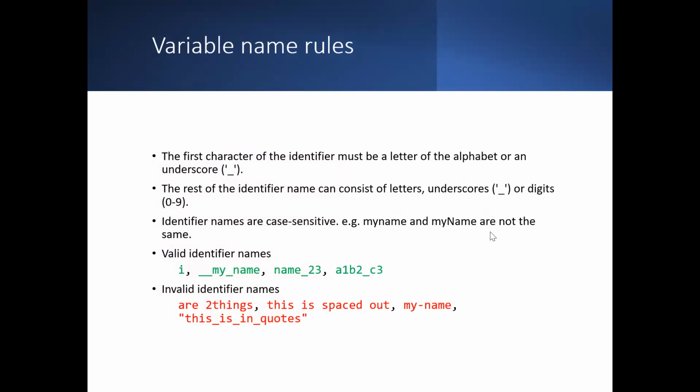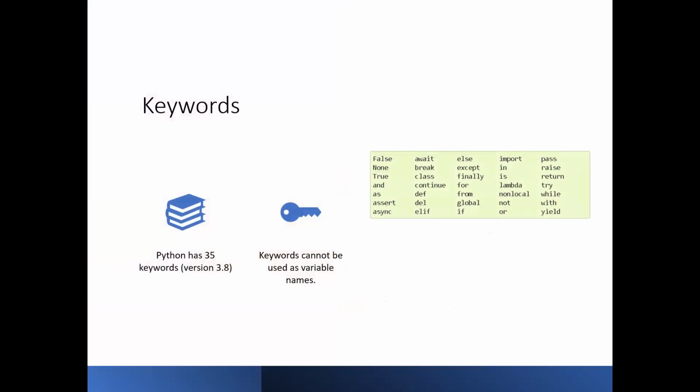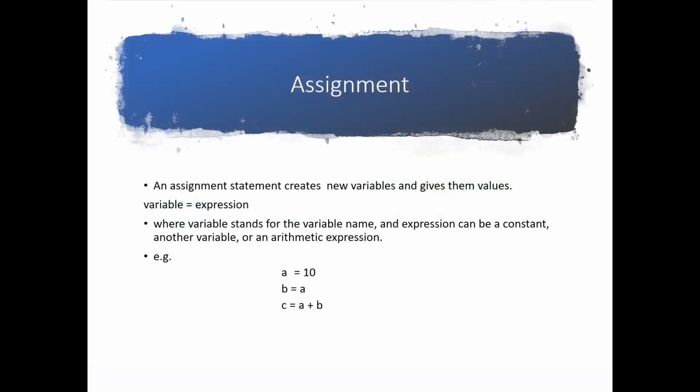When you create a variable, there are some rules you need to follow. We discussed that in Python, keywords cannot be used as names of variables. So for variable names, you cannot use keywords. Make a note of this.